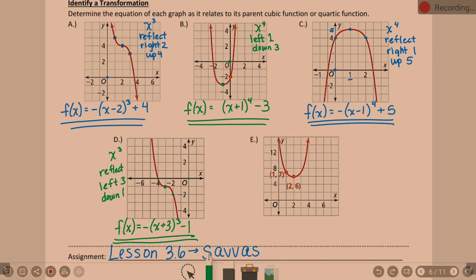Okay, one more. What shape is this? X to the fourth. I will say because of the way the graph's set up, it looks like x to the second to me, but it's not if you count. Okay, let's see. It's a right side up U, so no reflection.